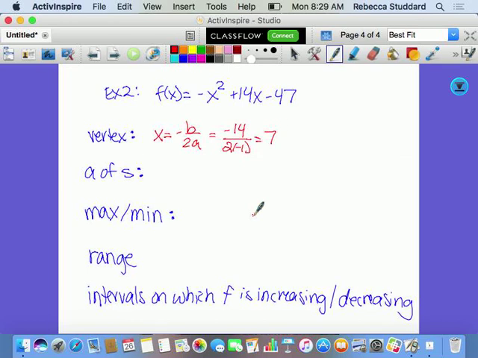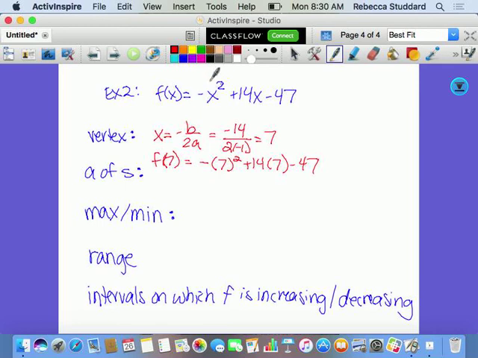But y'all, the vertex is an ordered pair. So how do I find the ordered pair? I need to find what you get when you plug 7 in. So I plug in 7. You have to be careful with this first term right here because the negative doesn't get squared.